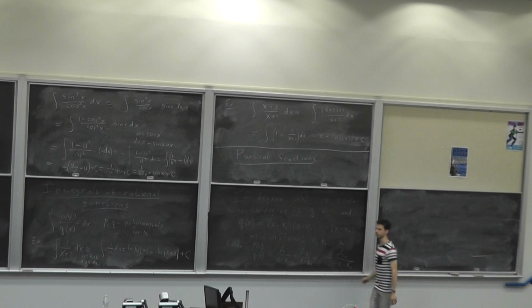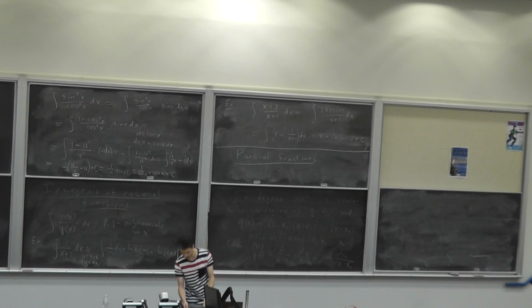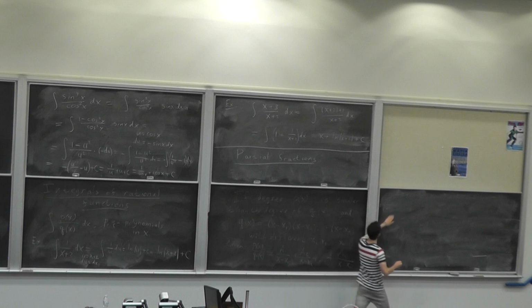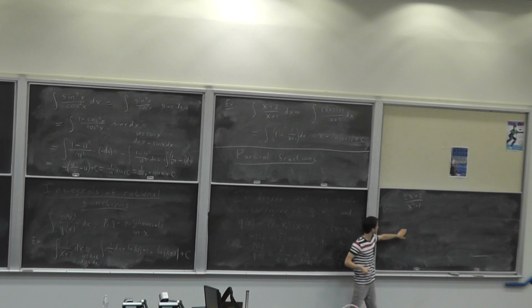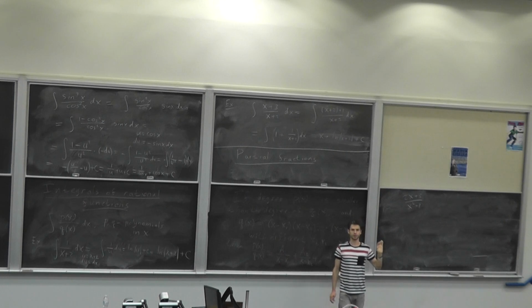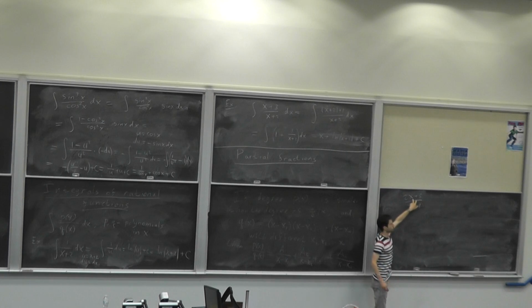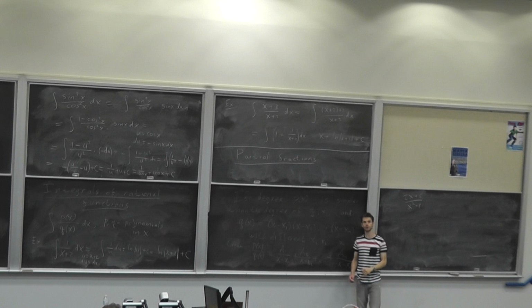Let's say we start with a function which is something over x squared minus 1. It is a rational function, that's one thing. The degree of the numerator is 1, the highest power is x to the power 1. The degree of the denominator is 2, x to the power 2 is the highest power.